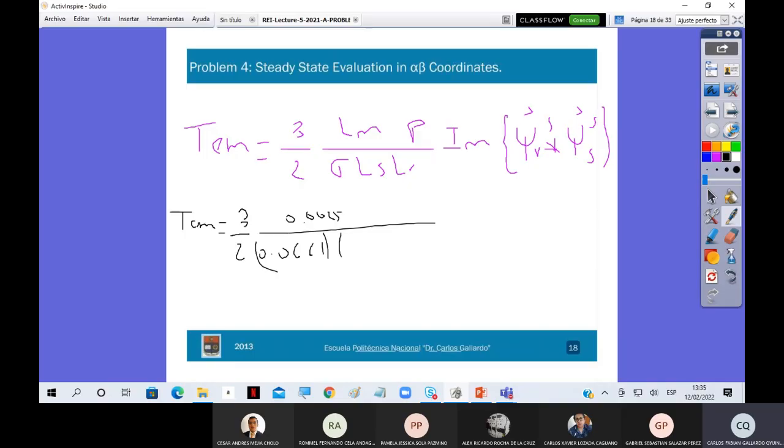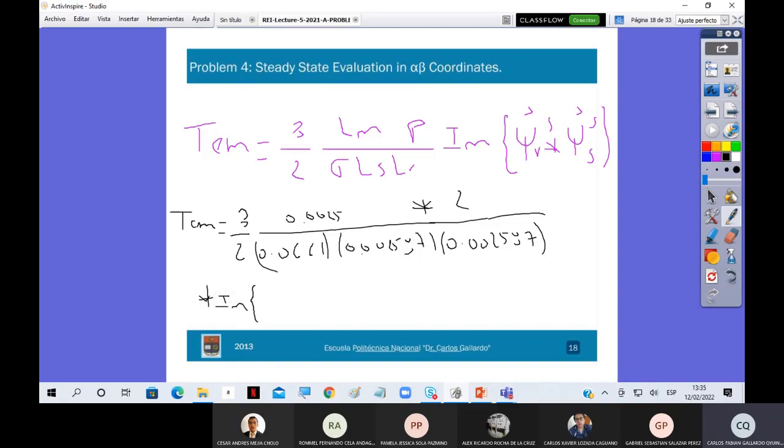Using the conversion factor, I will have in henries 0.002587 times the rotor inductance, 0.002587. The number of poles times the imaginary part.